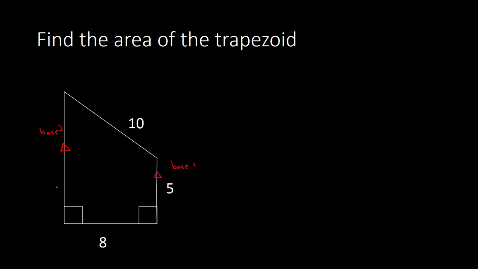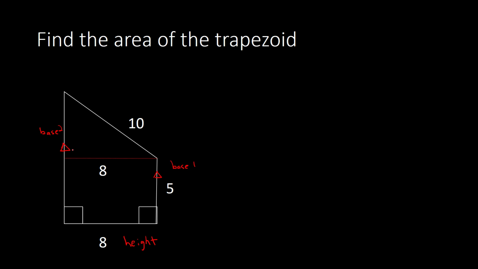Well, we don't know second base, but what we do know is the height is 8 inches, or 8 units, because that is the distance from the two bases. But what I need to do is calculate that base 2 so that I can find the median. So looking at the 8, if we were to extend another perpendicular line right here, that would also be 8. So we've created a rectangle and then a triangle on the top.